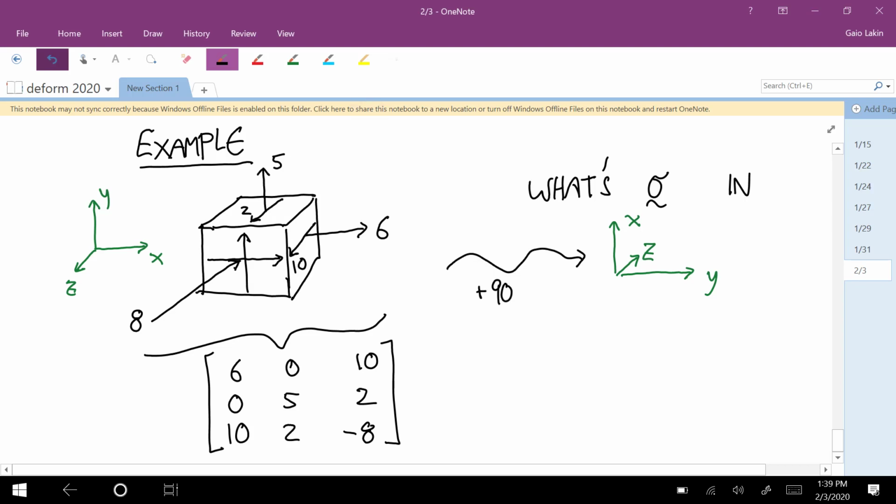But we're not there yet, because then we have x pointing up, but y pointing this way and z pointing this way.